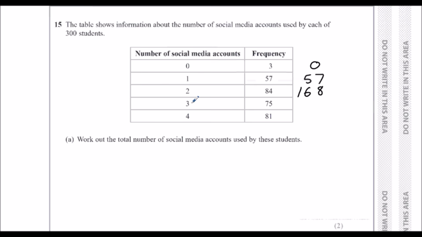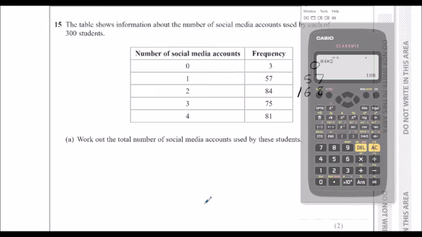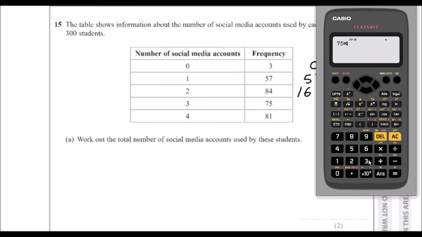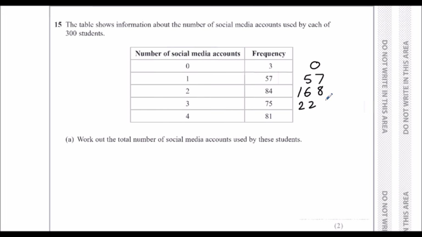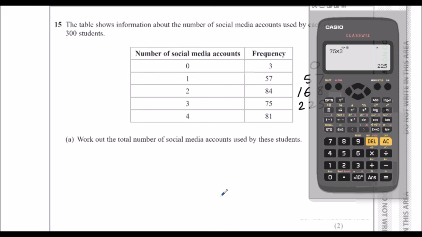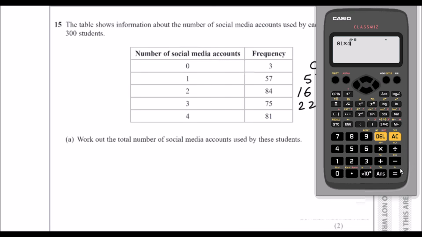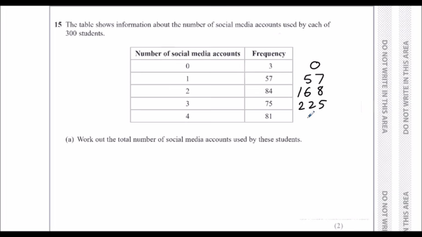75 people have got 3 accounts each. So 75 people with 3 accounts each makes 225 accounts in total. And 81 people with 4 gives us 324 in total.